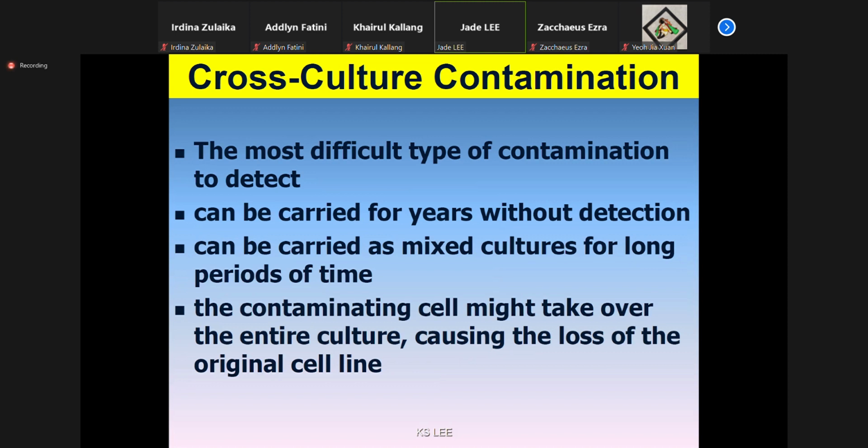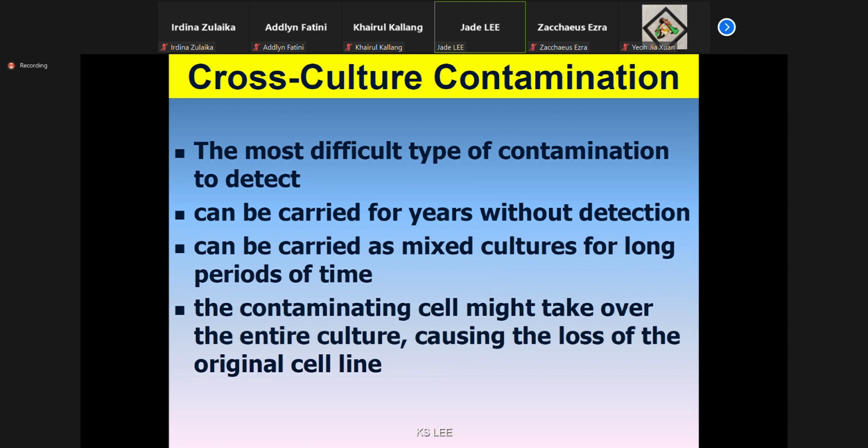The contaminating cell might take over the entire culture, causing the loss of the original cell line that you generated many years ago. So you need to be very, very careful to avoid cross-culture contamination.